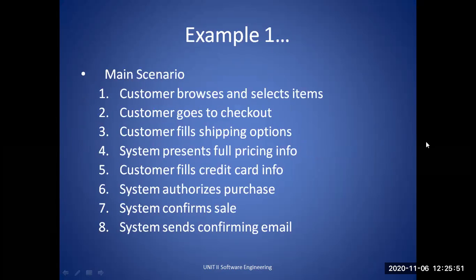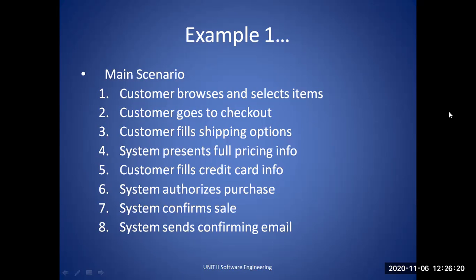This is the main scenario, which contains several steps. First, the customer browses and selects some items. After that, the customer checks out. After that, the customer fills all the shipping details into the site, and the system will respond with pricing details.